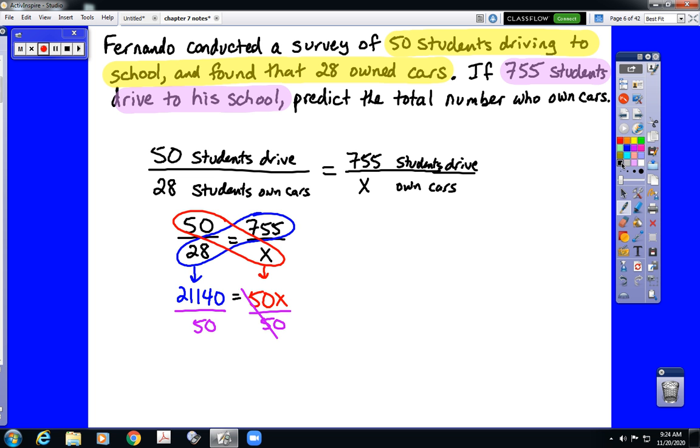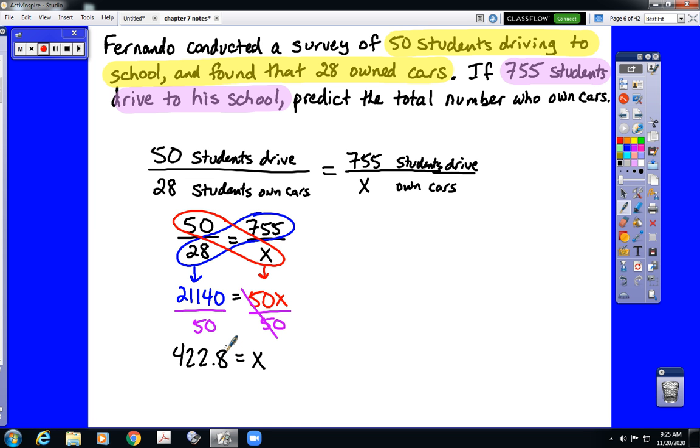That gives us x is equal to, I'm going to need to grab my calculator here because, as good as I am, my brain is not feeling like dividing that in my head. 422.8.